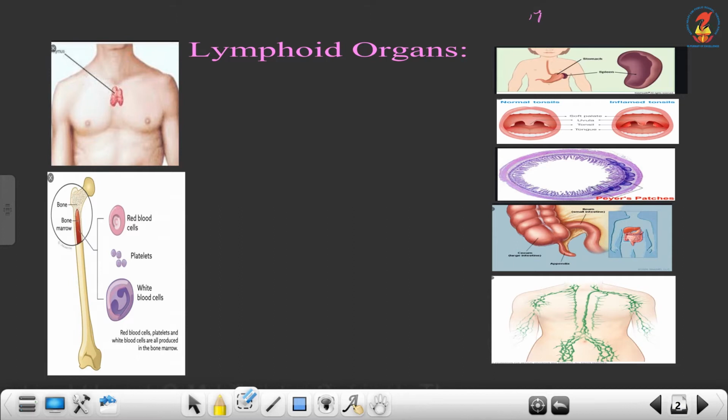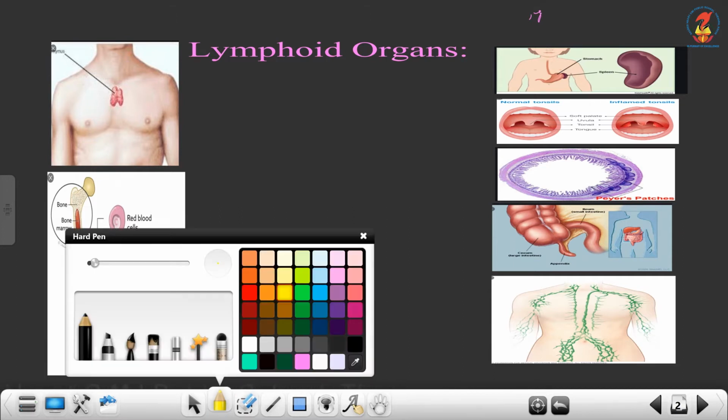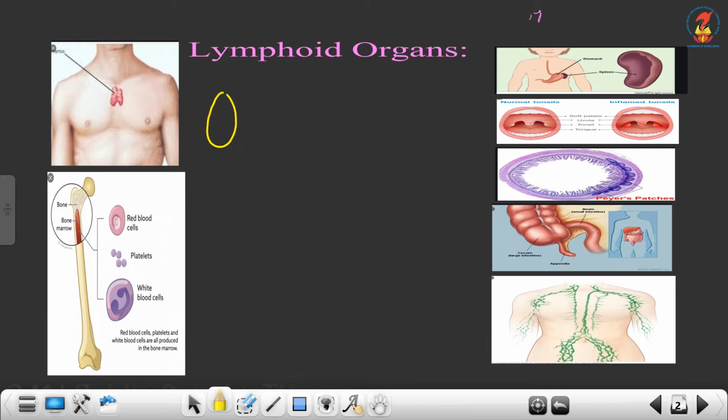Lymphoid organs are the organs where lymphocytes originate, mature, interact with the antigens and proliferate into effector cells. I have given this abbreviation so that you will never forget these 4 important processes.